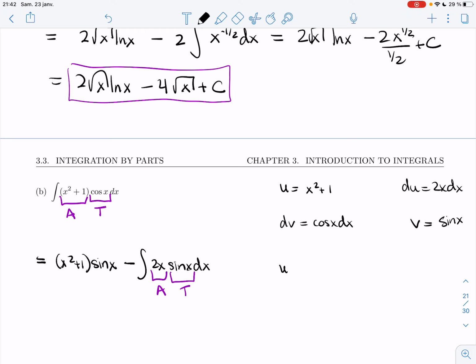I'm going to do U equals 2x, and I'm going to do dV equals sine of x dx. All right, so du is 2 dx, and v is, so I want a function whose derivative is sine. If I take just cosine, that's going to give me minus sine, so I need an extra minus.